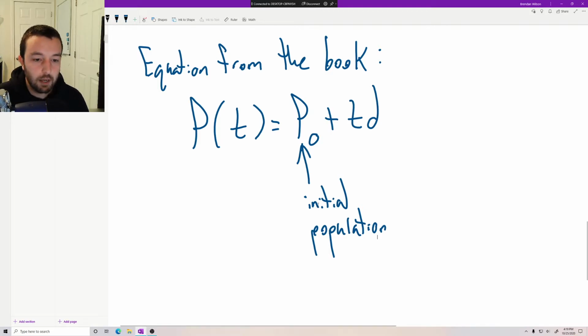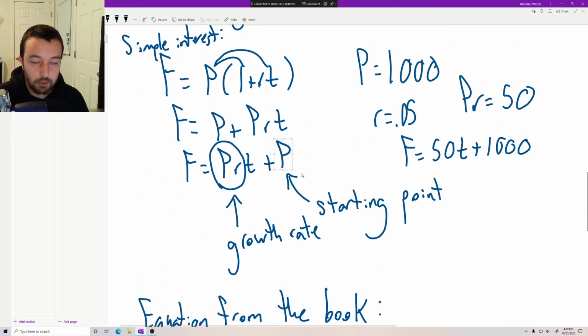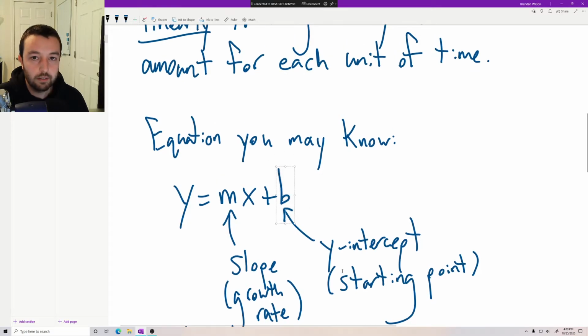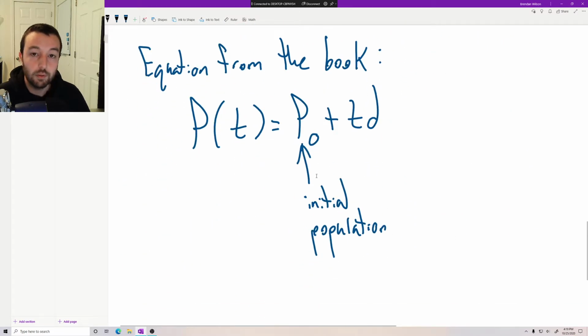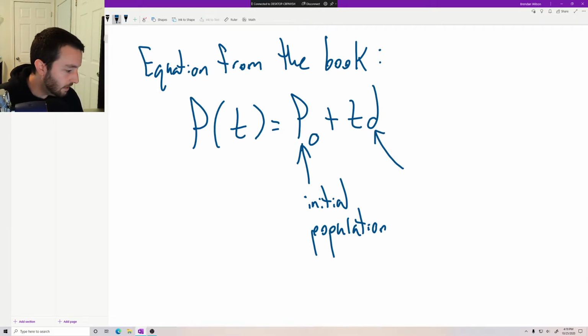So this is the initial population, similar to our principal or our B. It's just written backwards, but same thing. And then the D here is what they call the common difference.